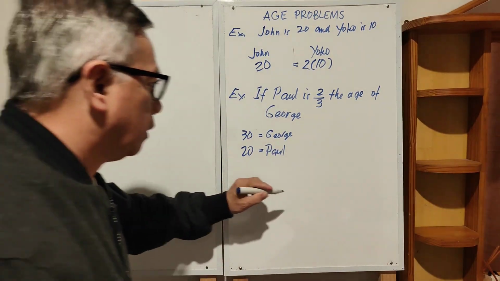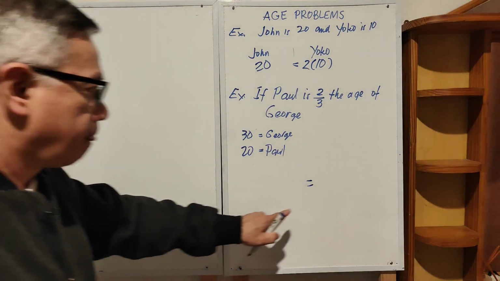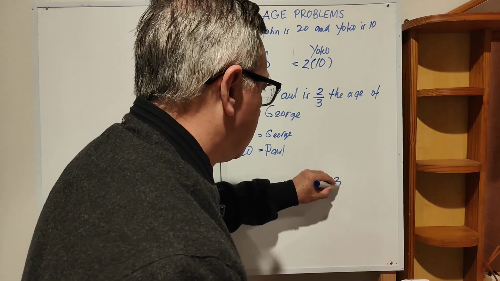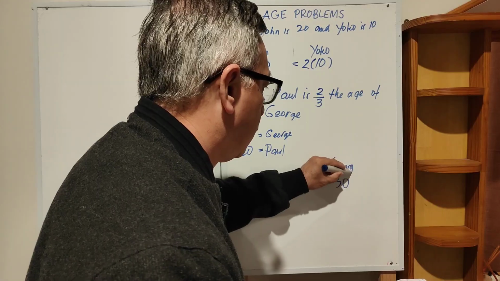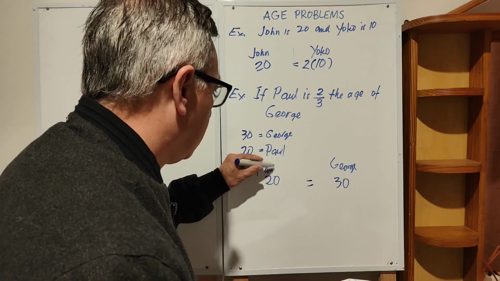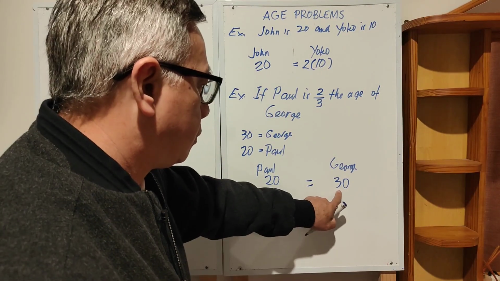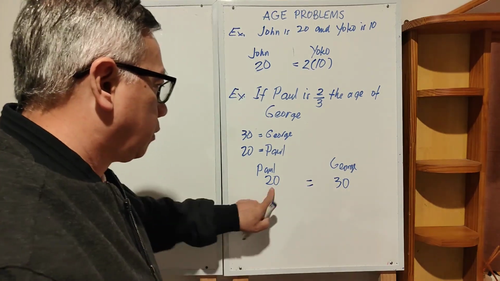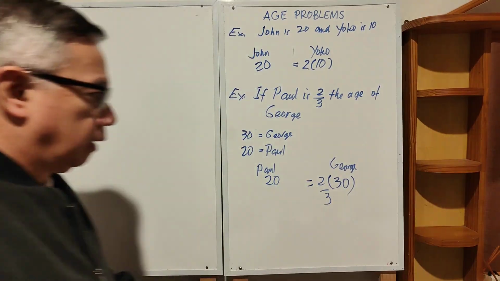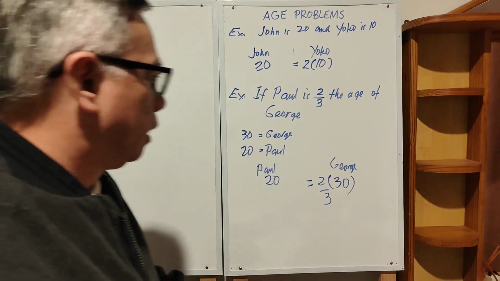Now, if you will do the equation, let's say this is George, and this is Paul. Paul would be 20. Now, you have to multiply George by 2/3 because you want them to be equal. So this will be 2/3. 2 times 30 is 60, divided by 3 is 20.